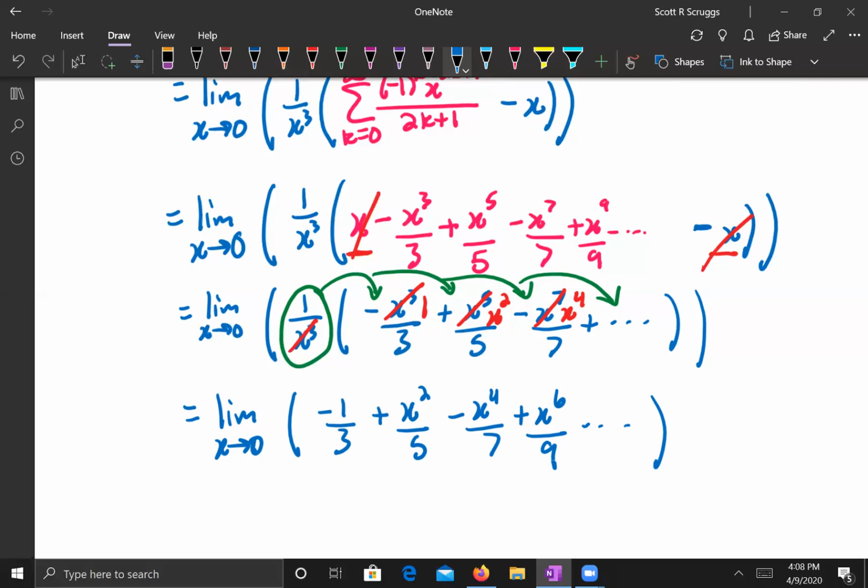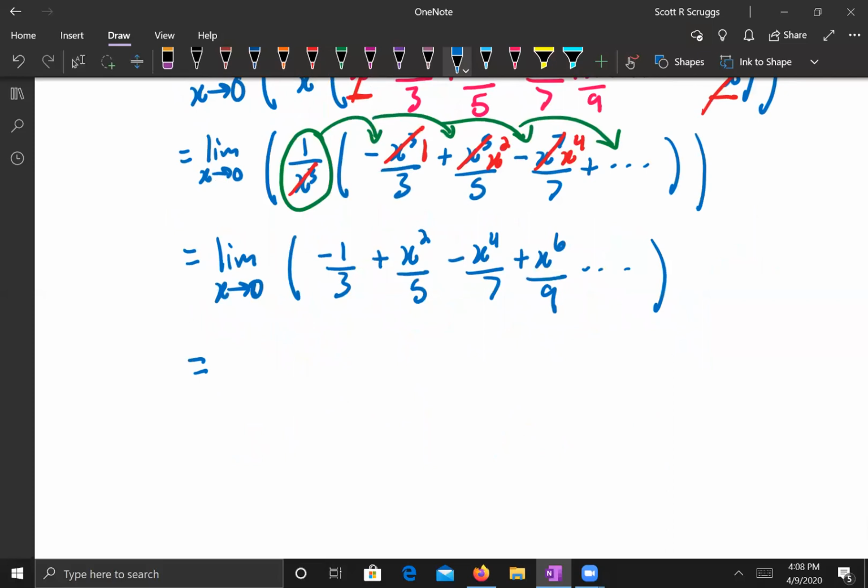And I say that we now win because I'm taking the limit of a continuous function, in this case a polynomial, meaning the limit is equal to plugging in 0 for x, meaning that this is equal to negative 1/3 plus 0 squared over 5 minus 0 to the 4th power over 7 plus 0 to the 6th power over 9, and so on.